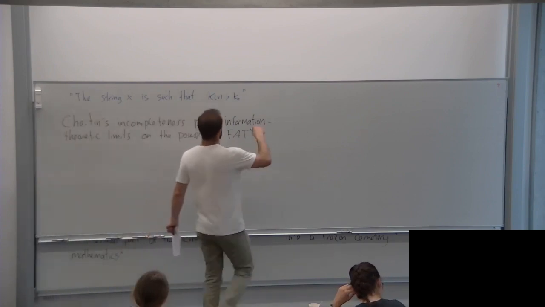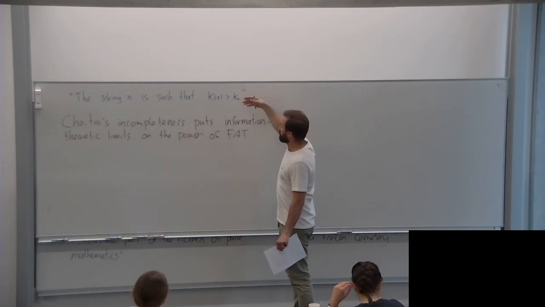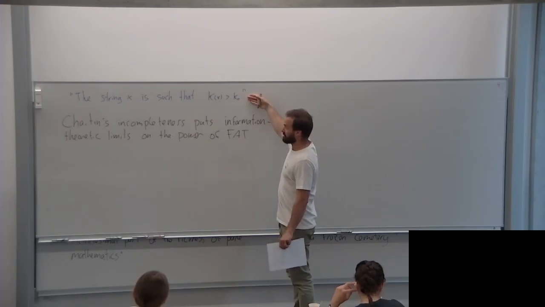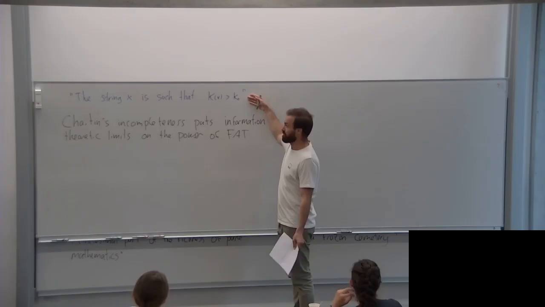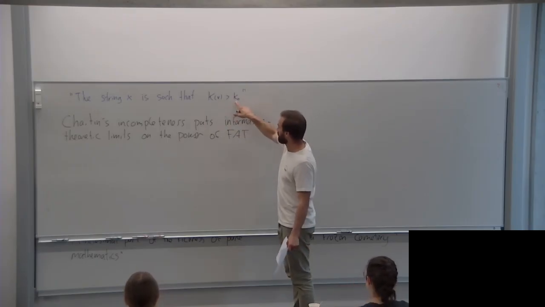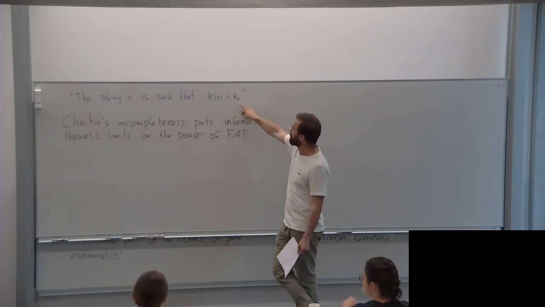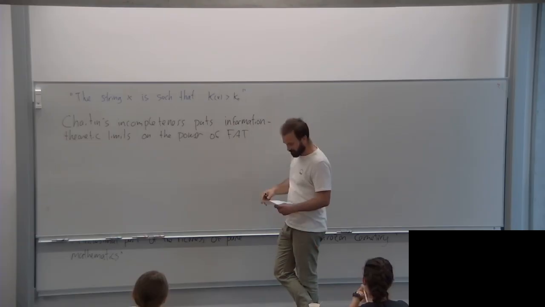If you increase your formal axiomatic theories, you might be able to prove statements like that for a larger number of statements, but it's still going to remain a finite number of statements. All the infinity of statements that are larger than the bound will remain unprovable, because you're basically just increasing the bound if you increase your formal axiomatic theory.